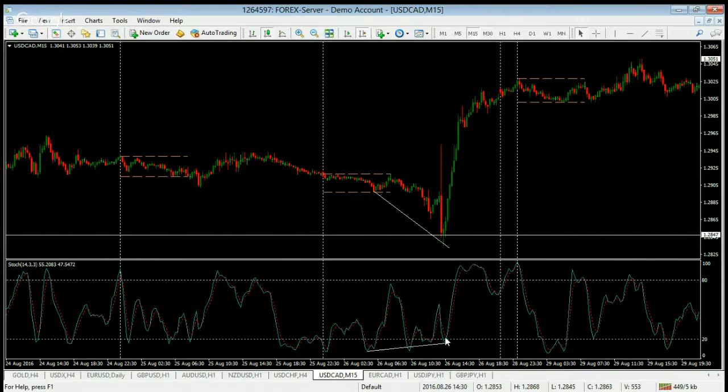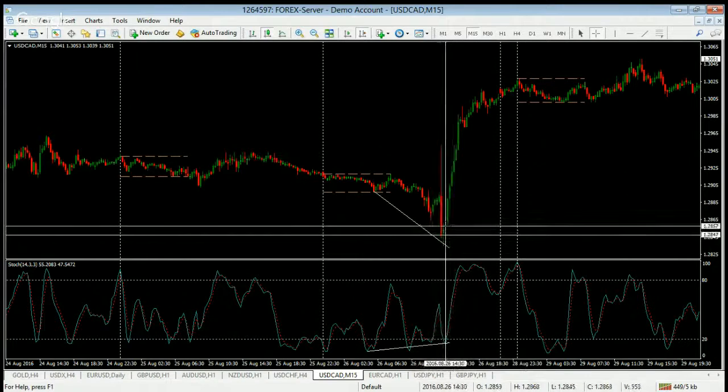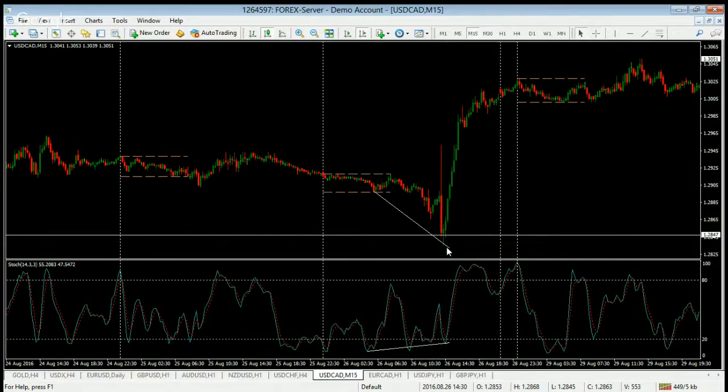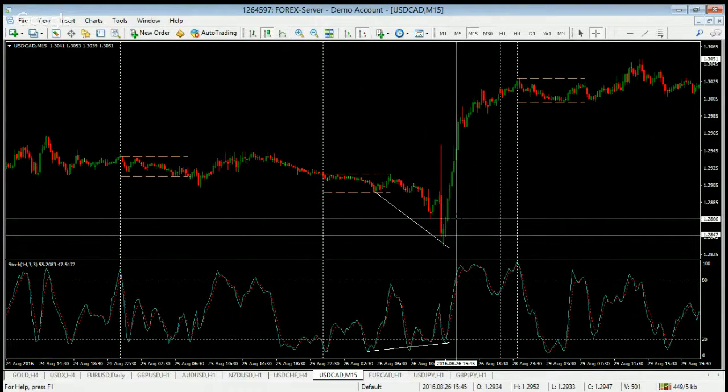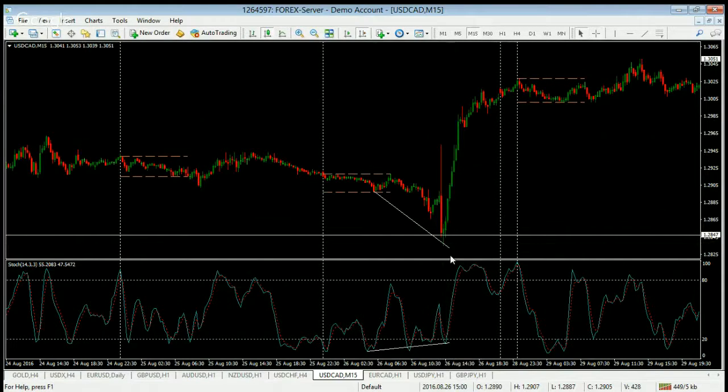So you wait for it to cross. Right on that cross, it formed a swing. So maybe you got in here with a 20 pip stop, or 10 pips above this swing. So just go down there.